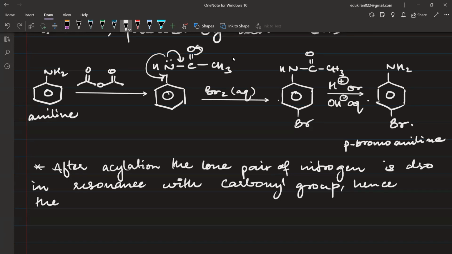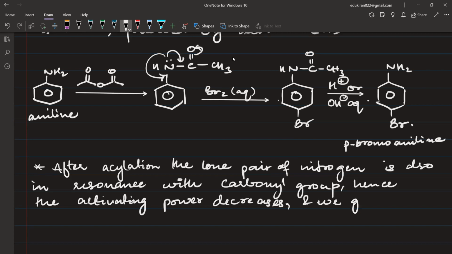Hence, the activating power decreases. And we get P bromo aniline.